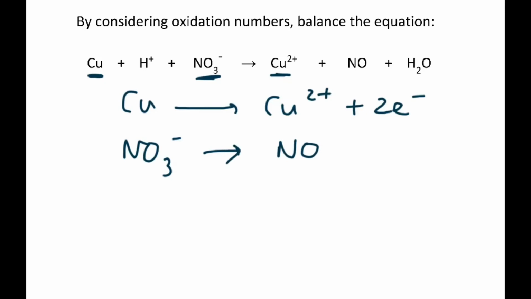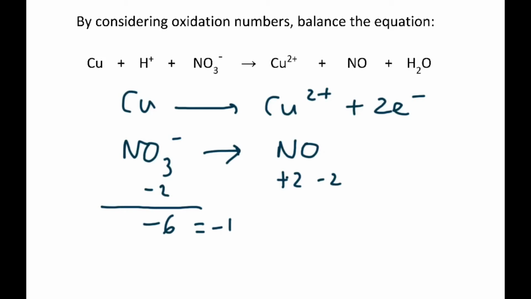The question says considering oxidation numbers. So the oxidation number of N in NO is plus 2 because oxygen is minus 2, always minus 2, apart from the exception. In NO3 minus, oxygen is minus 2, there are 3 of them, so that'll total minus 6, and therefore nitrogen will have to be plus 5.